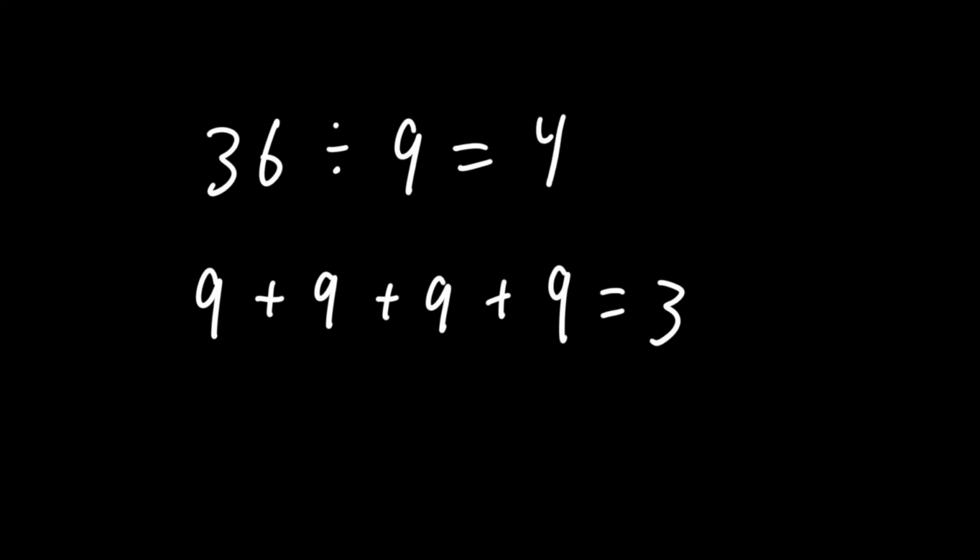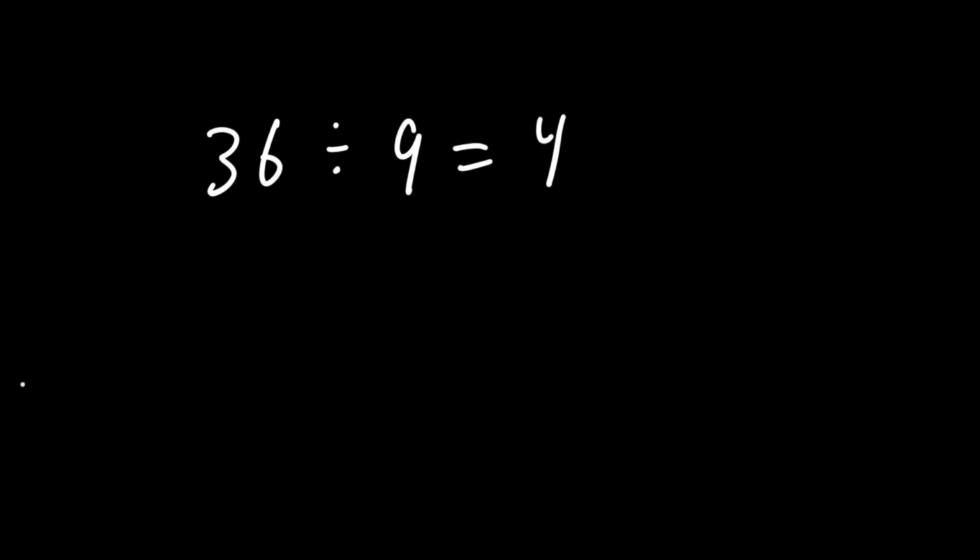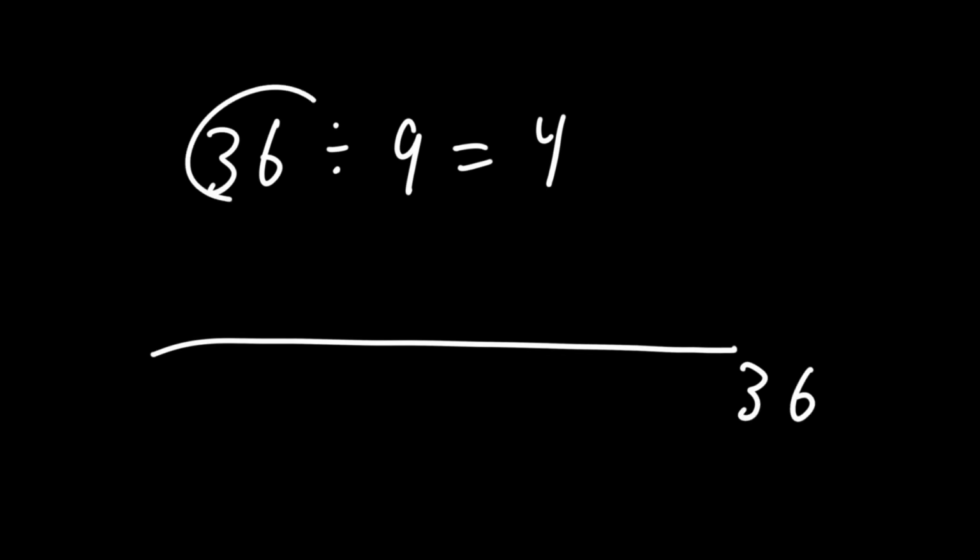And if we wanted to check our work, all we have to do is make a line. So notice how we have 36, and we have to divide it into 9 equal parts.